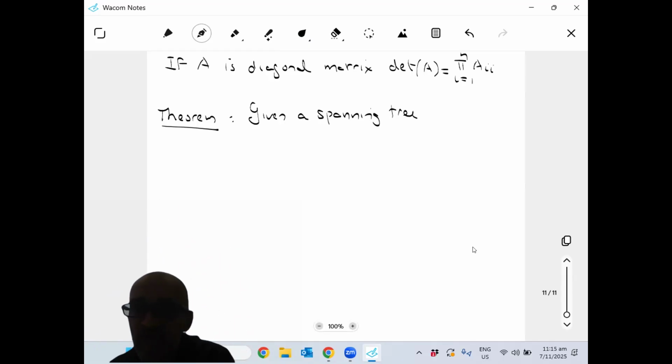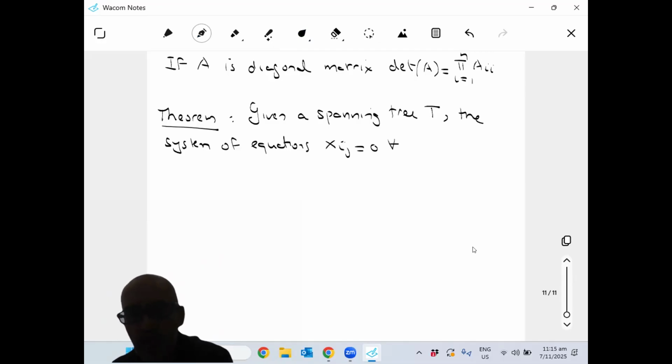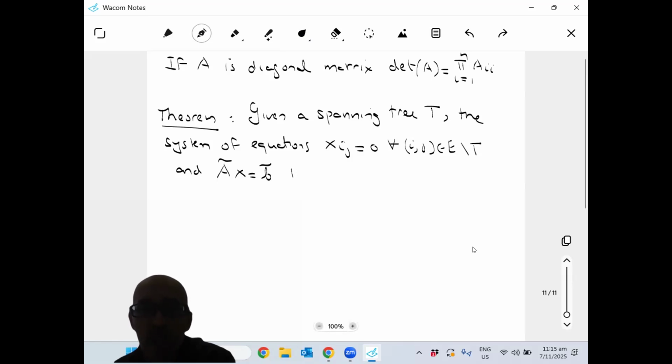So given a spanning tree T, the system of equations x_ij equal to 0 for every edge not in the tree, and flow conservation, A tilde x equal to b tilde, that's flow conservation, has a unique solution.